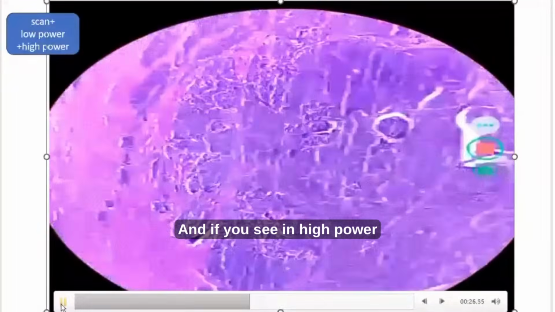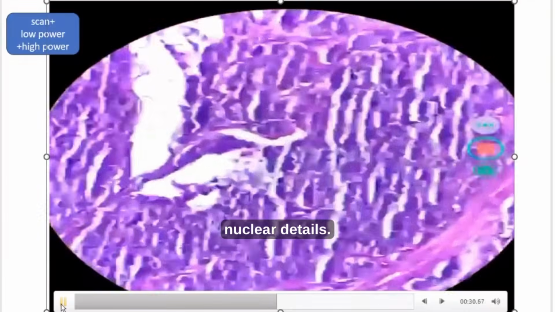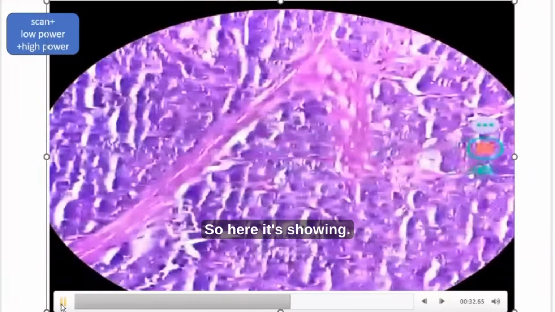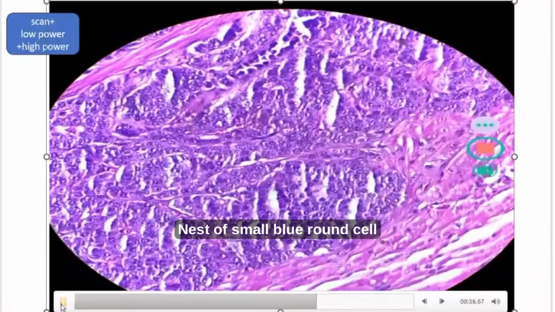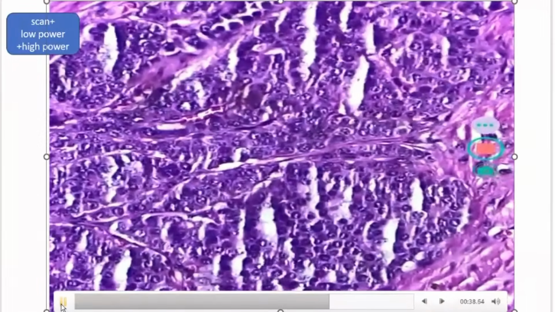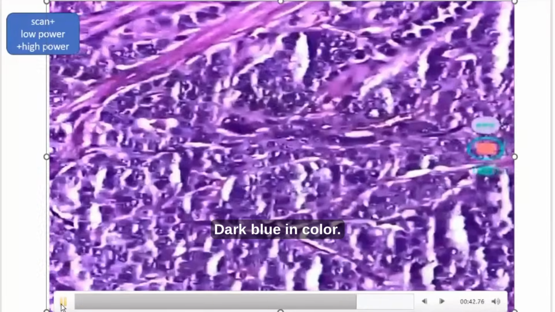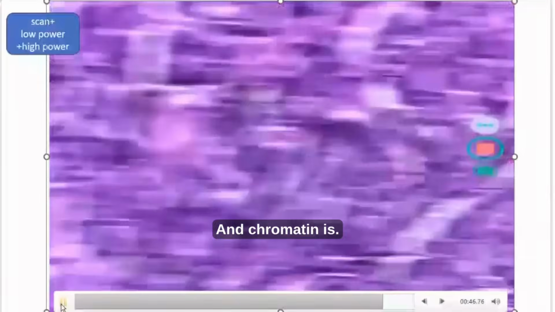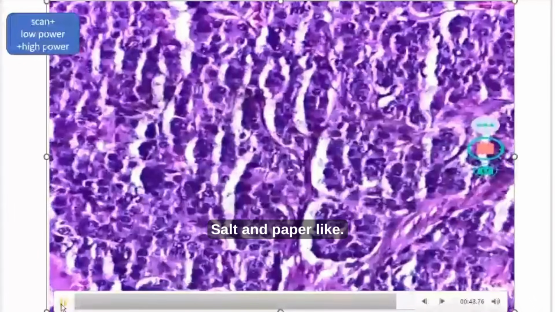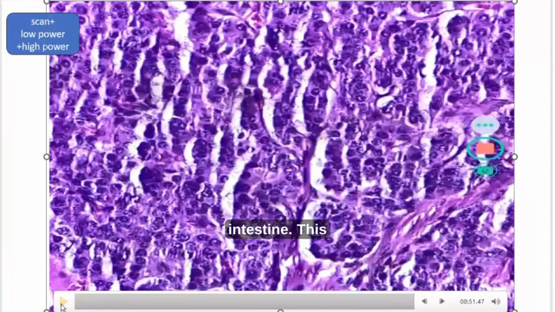If you see in high power view, you can easily appreciate nuclear details. Here it's showing nests of small blue round cell tumor. The cells are round, dark blue in color, and the chromatin is salt and pepper like. So this is a neuroendocrine tumor of the intestine.